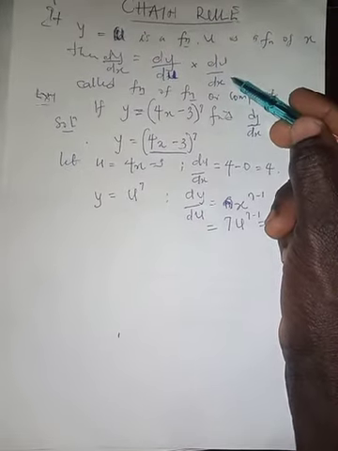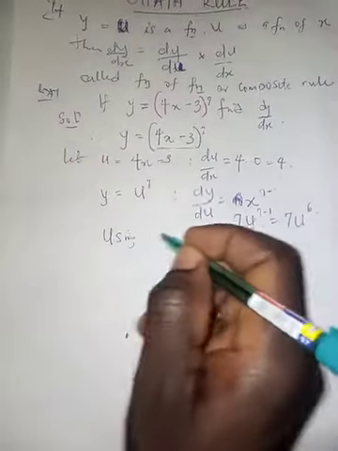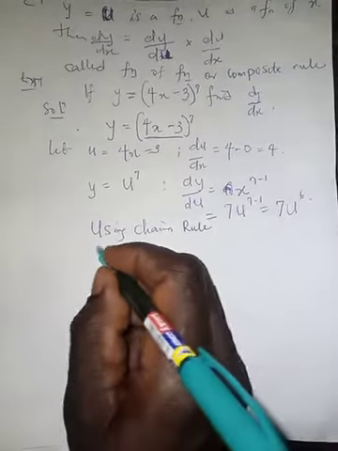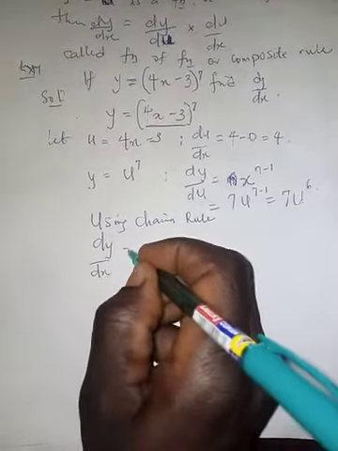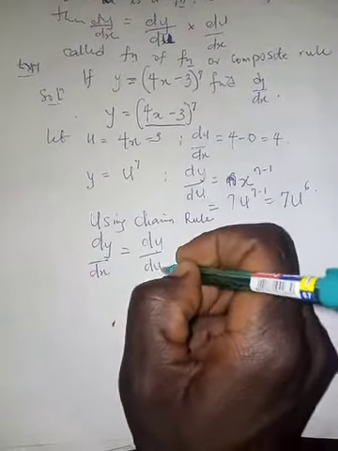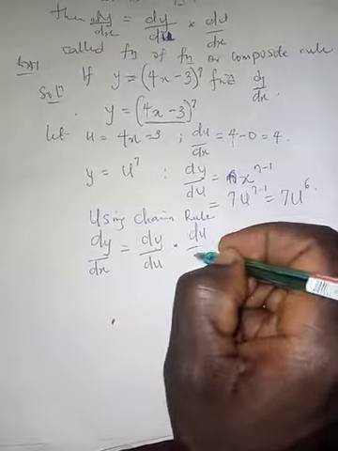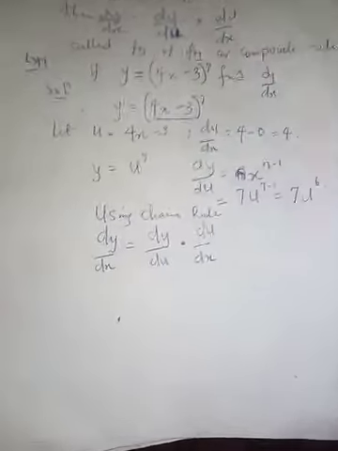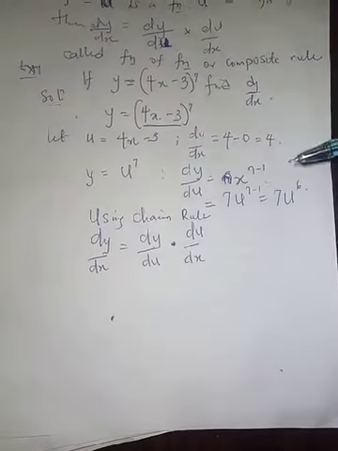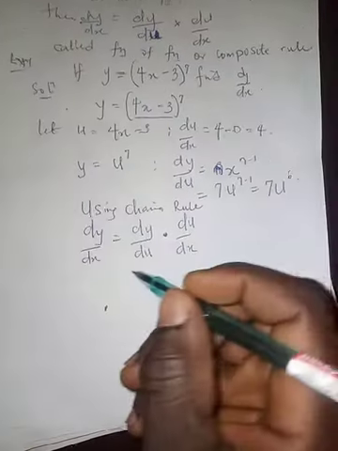Recall that chain rule states that using chain rule we have dy dx equals dy du multiplied by du dx. If you look at it very distinctly, you observe that our dy du, we call it this, and we say our answer is 7u raised to power 6.